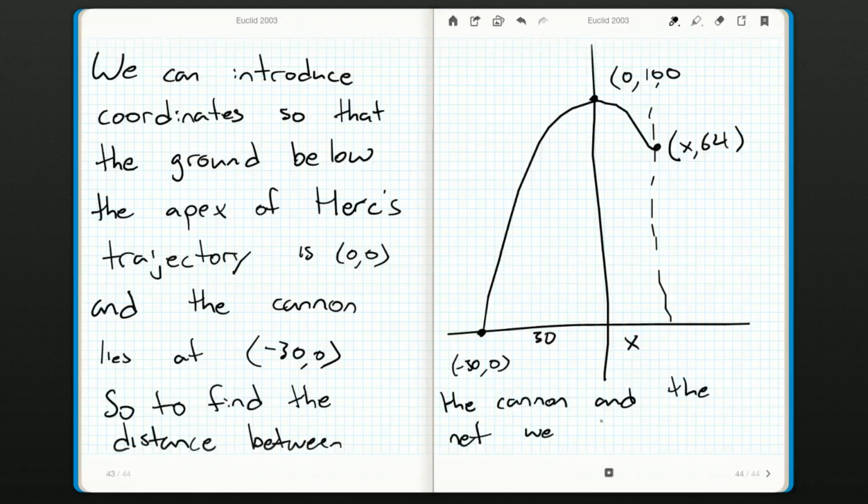That's a distance of 30. We want 30 plus x. That's ultimately what we want. And we'll label here our net.